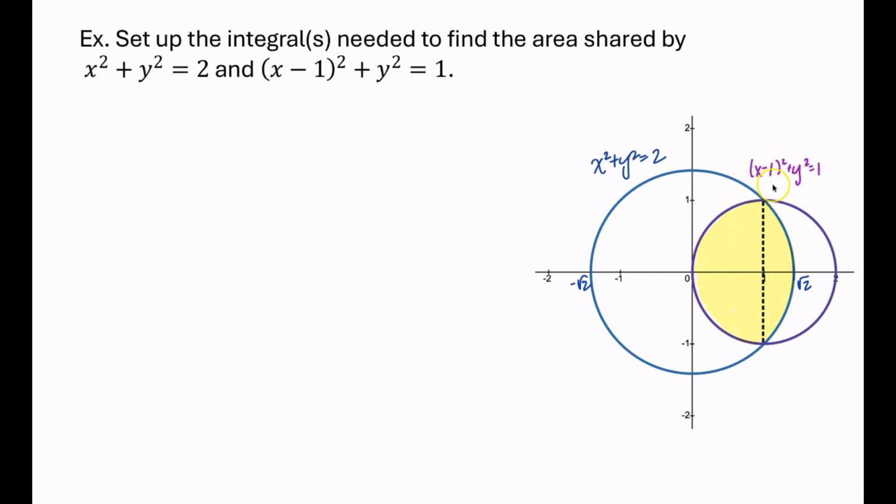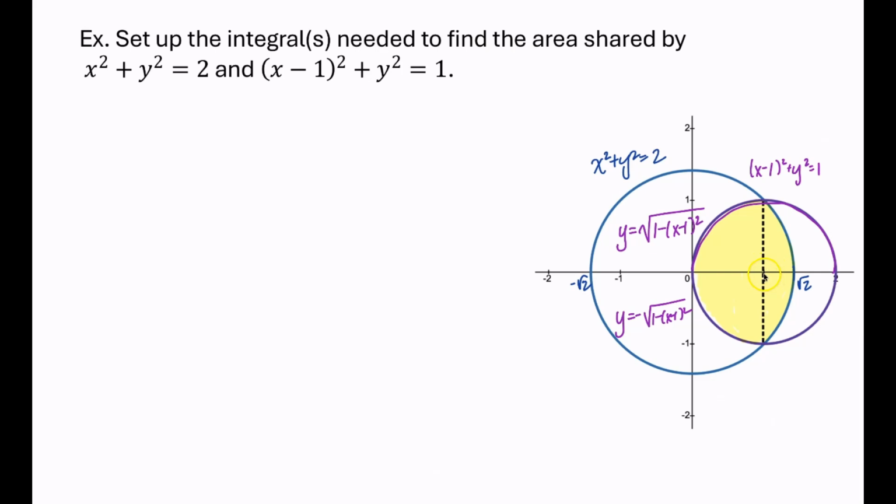So the top part of this circle is y equals the square root of 1 minus the quantity x minus 1 squared. And then the bottom part of the circle is the negative version of that. And so I would do the integral from 0 to 1 of top minus bottom, or I could think about just doubling the top because I can see the symmetry involved.